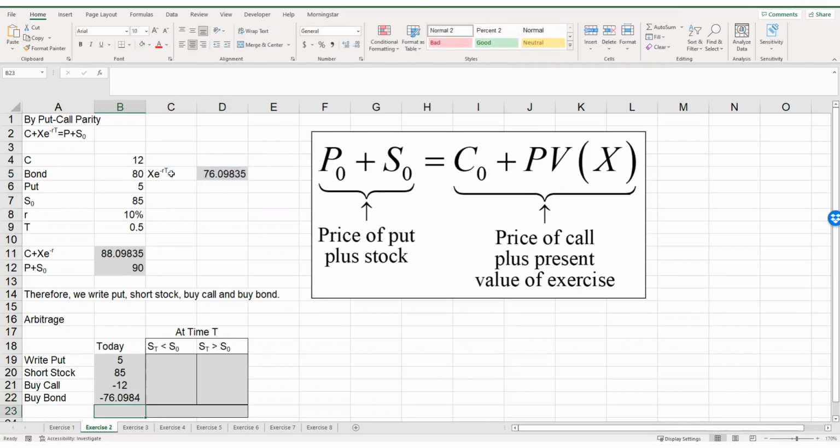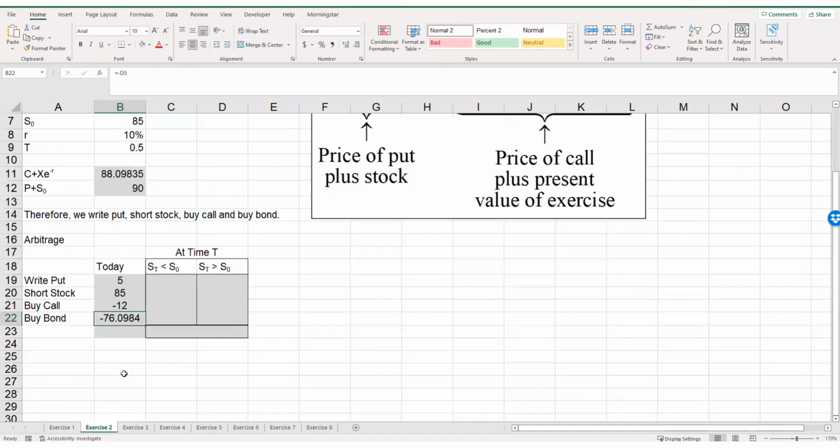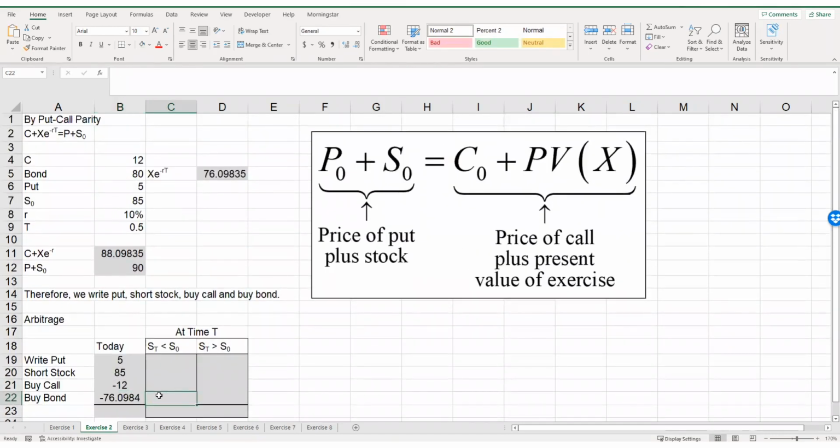Negative 76. Since you will lend money to others, in the future you will receive the amount that you lent. So $80 in the future.